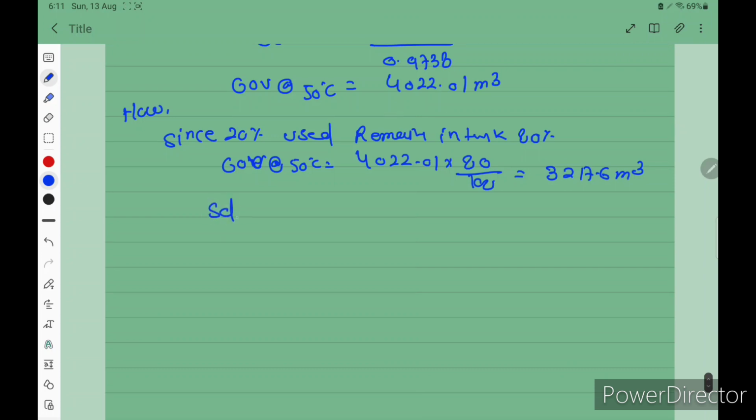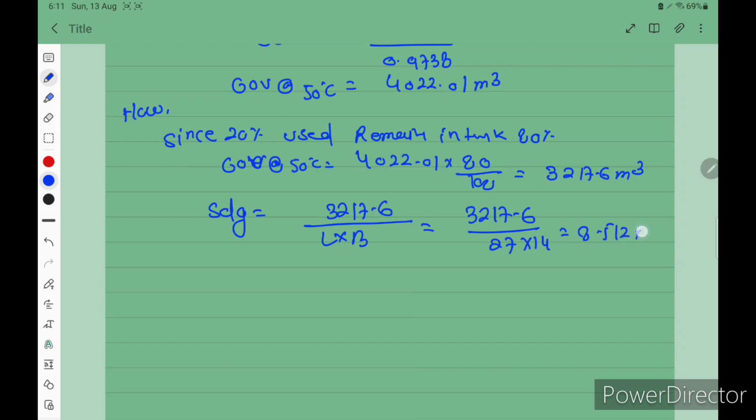Okay, so we have the gross observed volume, we can find the sounding. So 3217.6 divided by length into breadth, which is 3217.6 divided by 27 into 14. So we get 8.512 meter.